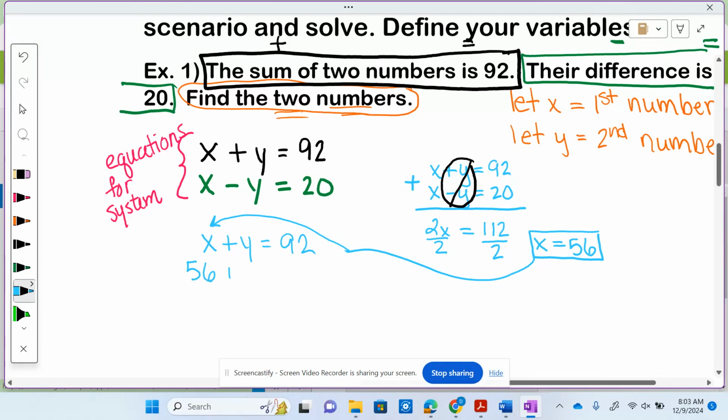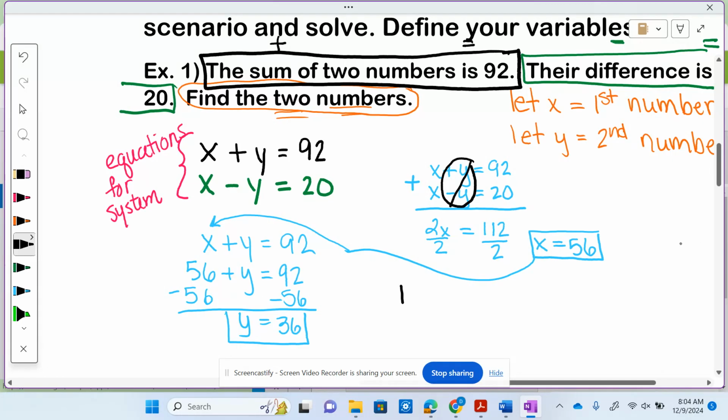So 56 plus y equals 92. What do you want to do next, Ariana? Because that's perfect. Yeah, subtract 56 from both sides. And I find out that y equals 36.